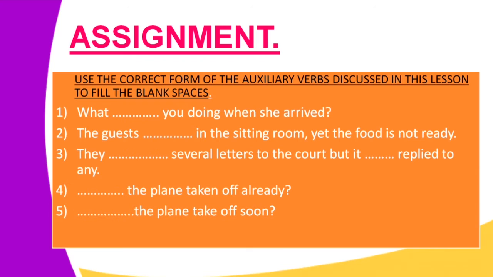That could be, what were you doing when she arrived? Number 2, the guests ___ in the sitting room, yet the food is not ready. The verb is should help you know that you're talking about present tense. So the possible answer in number 2 is the guests are in the sitting room, yet the food is not ready. So attempt the other 3.